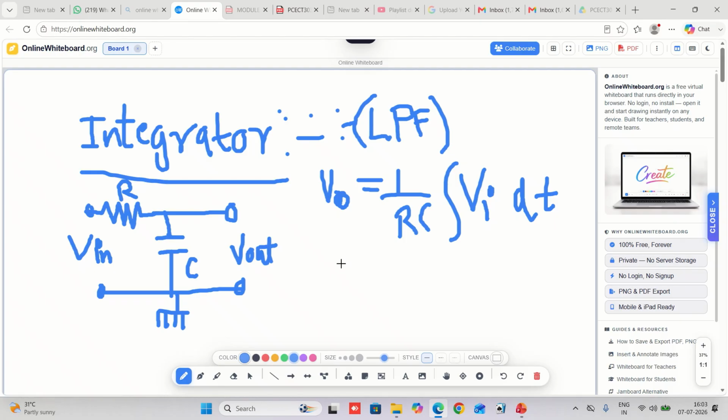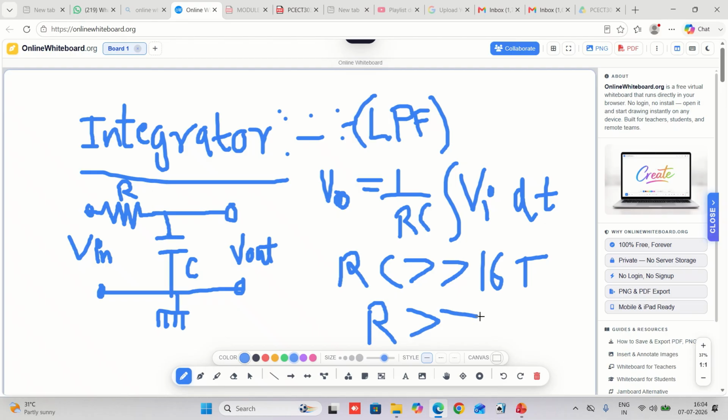Then the second condition is that the RC time constant should be very much greater than 16T. And the third condition is that the resistance of the circuit at the input side should be very much greater than 10 times the reactance XC of the circuit.